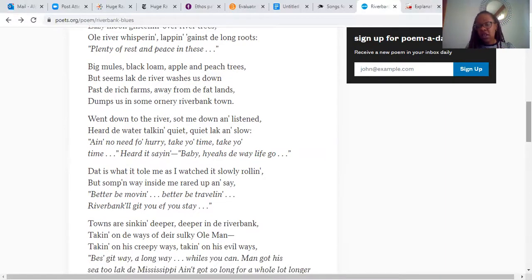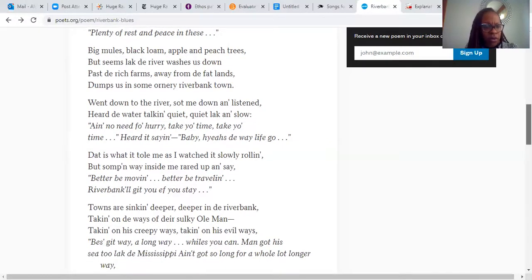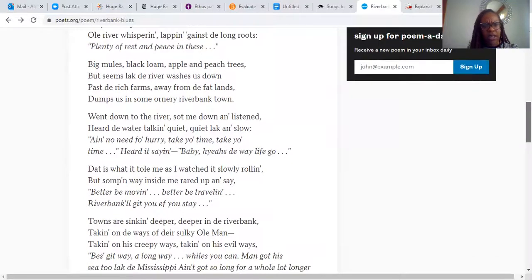So he's talking about carrying on conversations with the river. If you just sit and listen, you can hear it talking. What was the other reference to the river? He said towns are sinking deeper in the riverbank, taking on the ways of their sulky old man, taking on his creepy ways, taking on his evil ways.